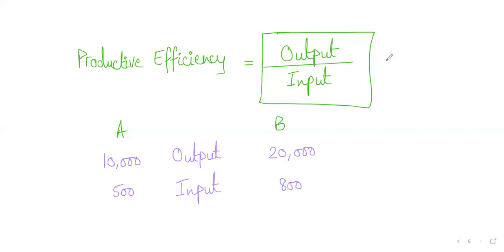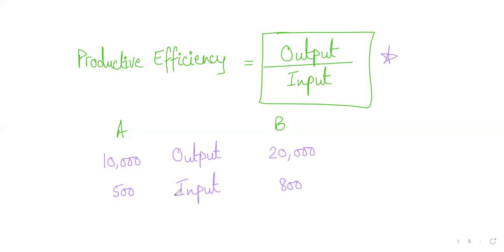Now, if you look at this formula, can you tell me which of the two companies is more efficient? And before that, which of the two companies is bigger and why?